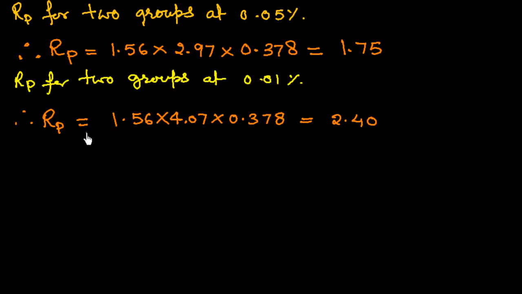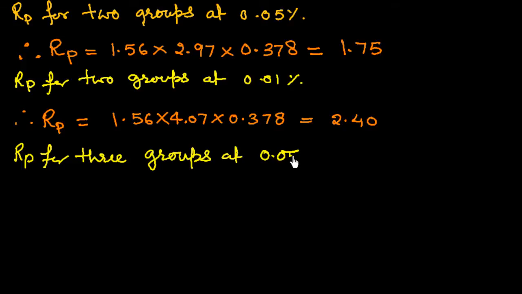Now RP for three groups at 5%. RP is equal to 1.56, which would be the same.